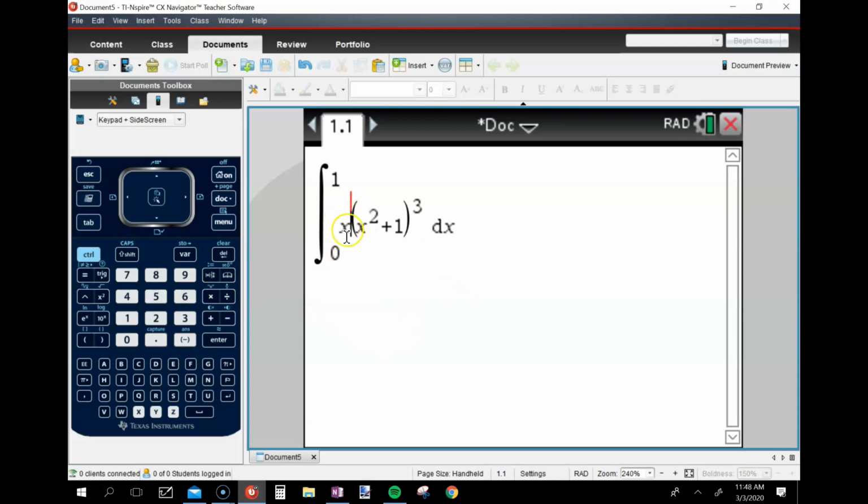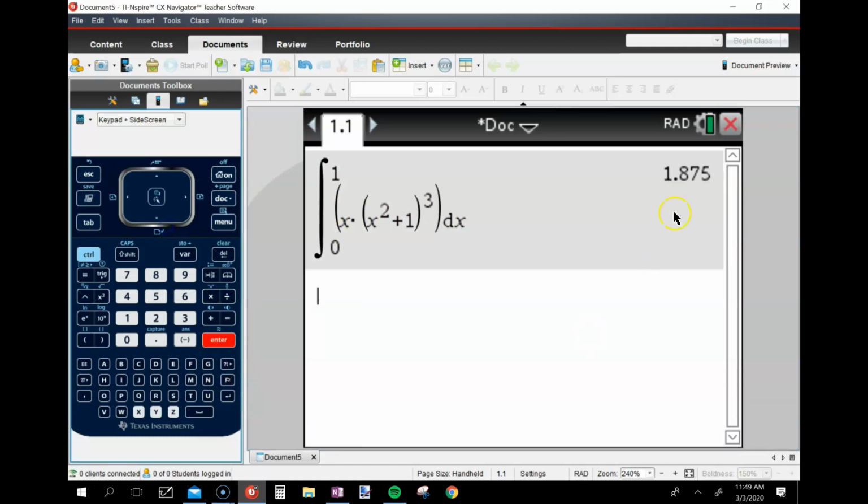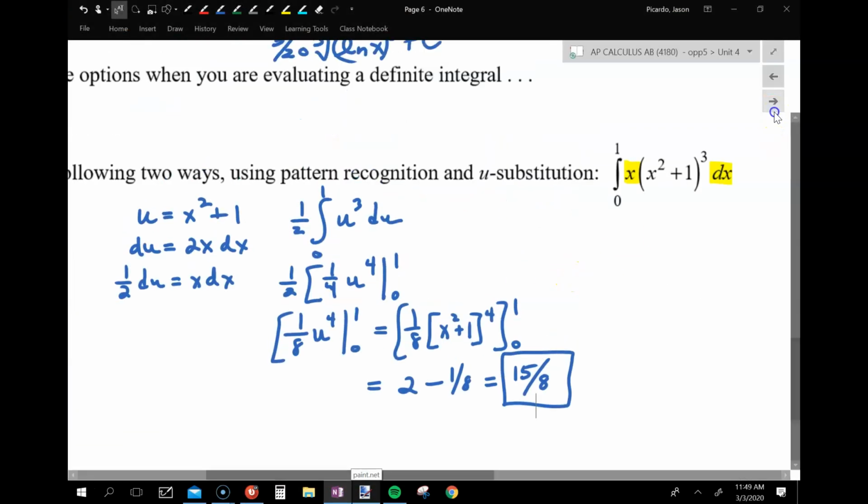Yeah, it's looking for that. You just can't put a variable in front of parentheses. You have to say to multiply. 1.875. All right. Pretty sweet, right? So there it is. U substitution at its best.